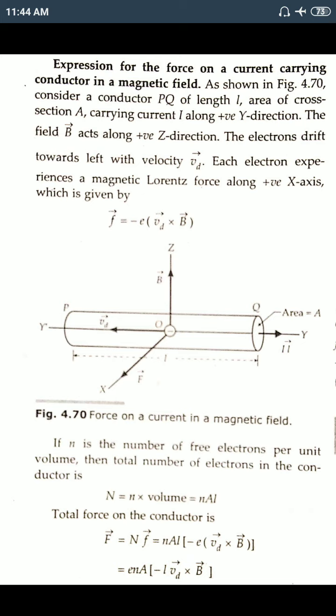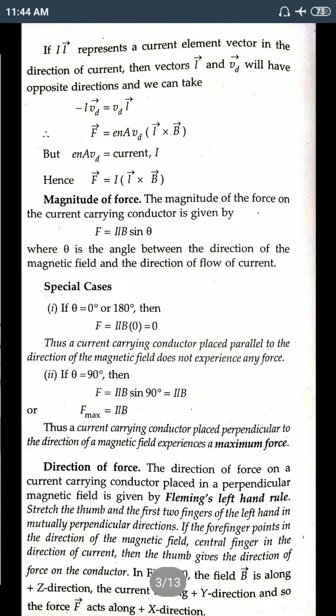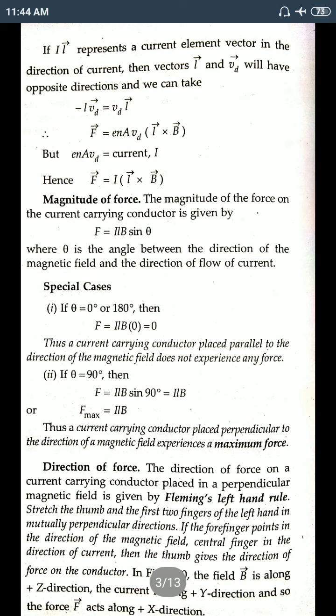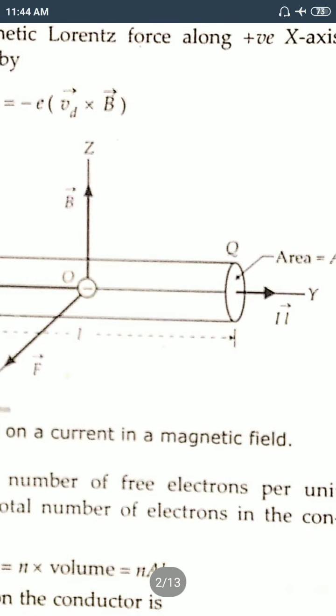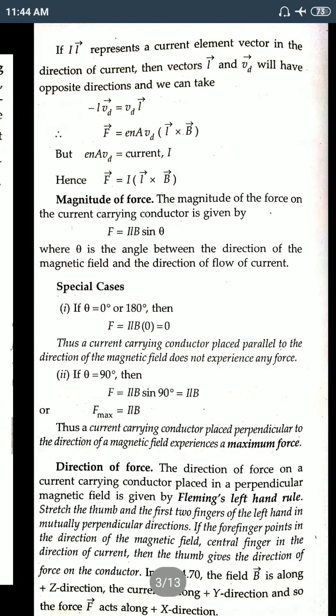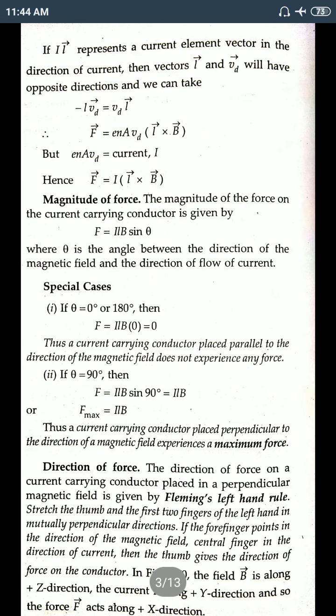F equals N into the magnetic Lorentz force, and putting in the expression we get E into n into A L, minus Vd cross B. Now here I into L represents the current element, the vector in the direction of current.